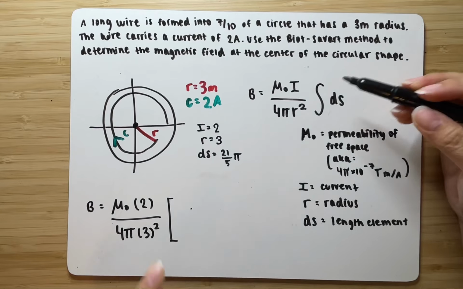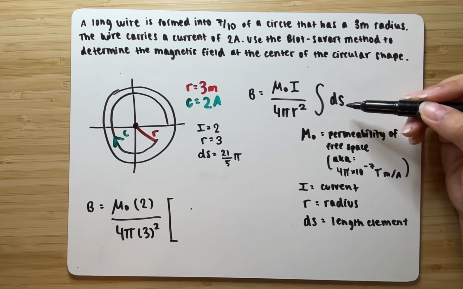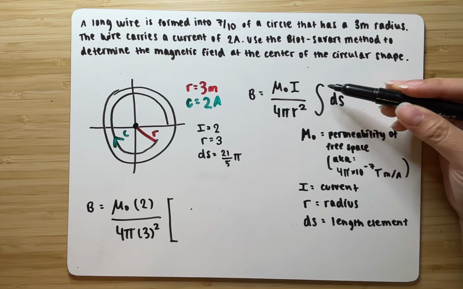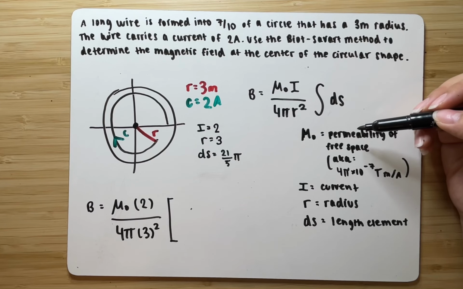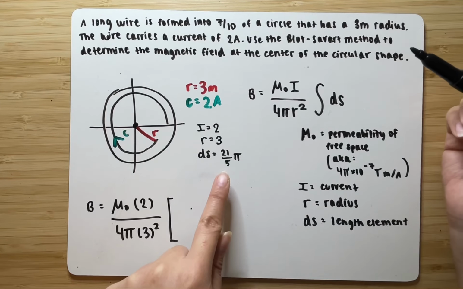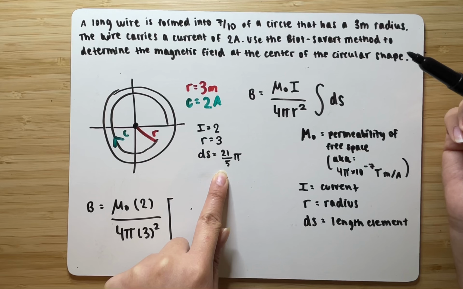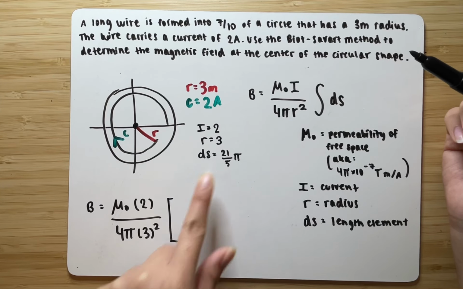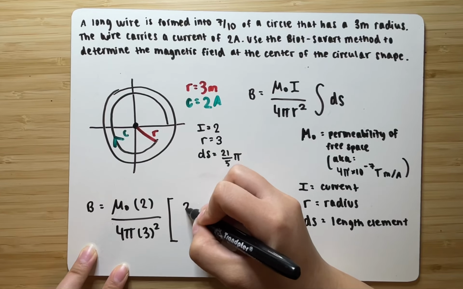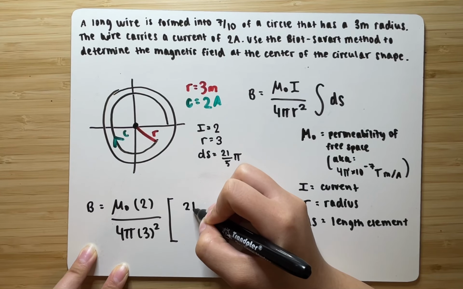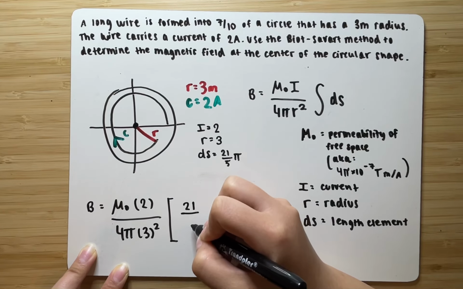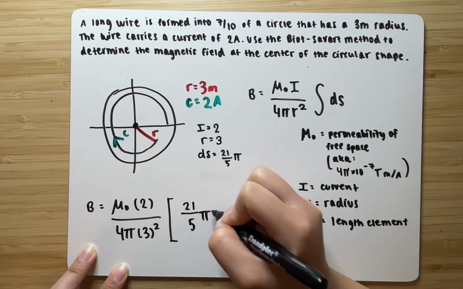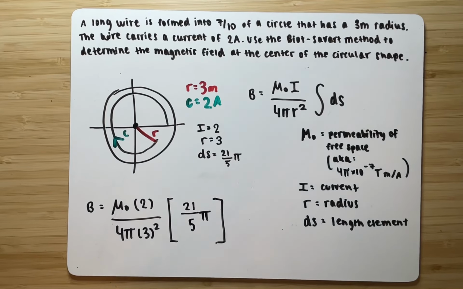We don't need to find the integral of ds because we already found the value of ds. An integral is just area under the curve. So since we have already this, we're good, okay? So we just have to find 21 over 5 pi. Okay, this multiplied by this.